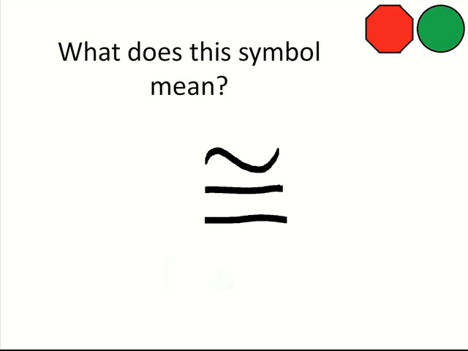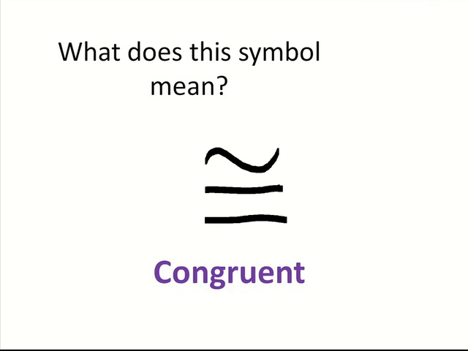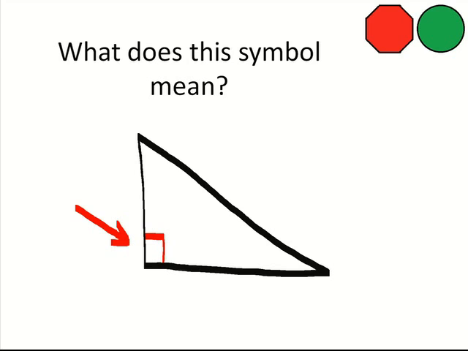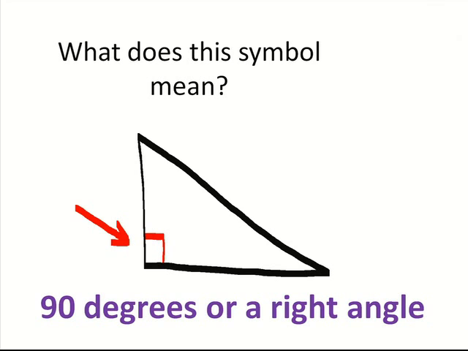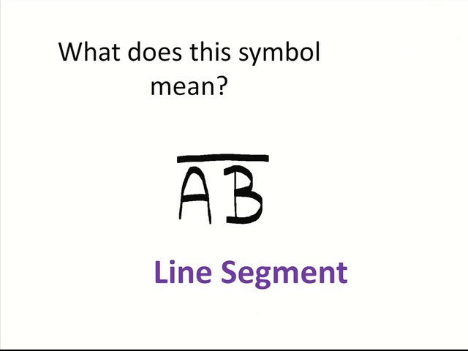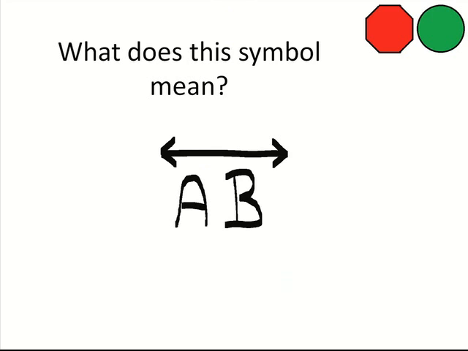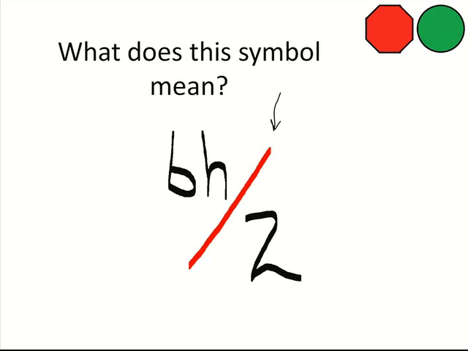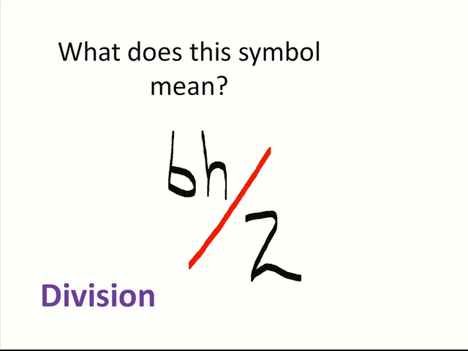Plus. Congruent. Degree. 90 degrees or a right angle. Line segment. Line. Division. The red line means division.